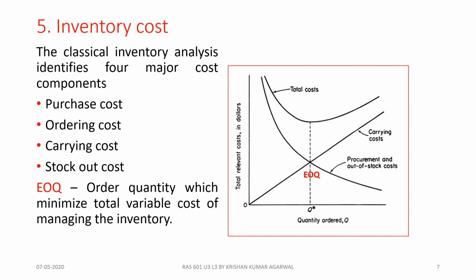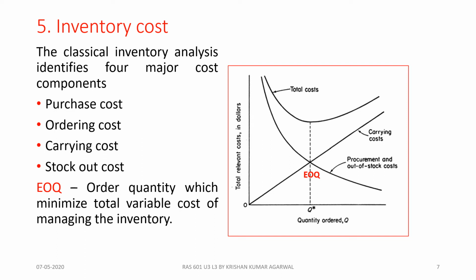Next is carrying cost or transportation cost. And last but not least, the stock out cost. That is not a particular type of cost to incur the good, but to not incur the good is nothing but the stock out cost.